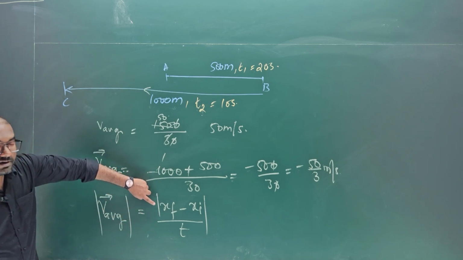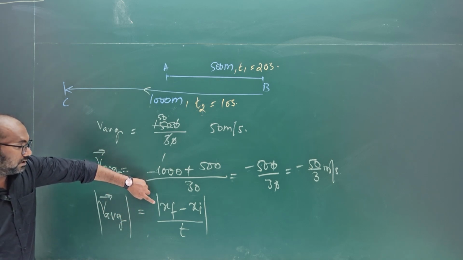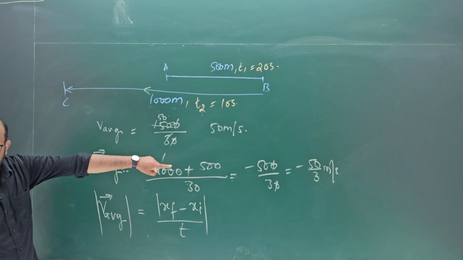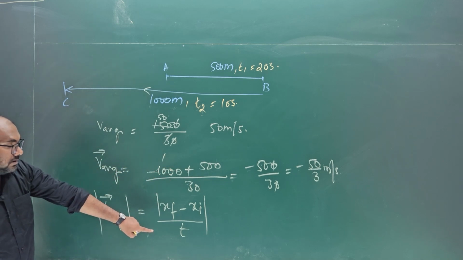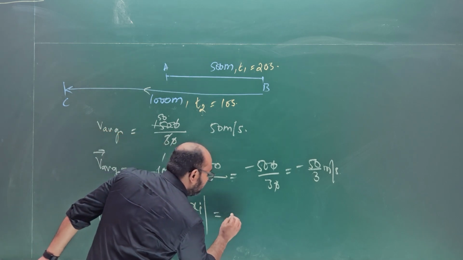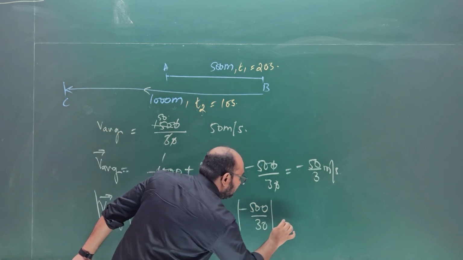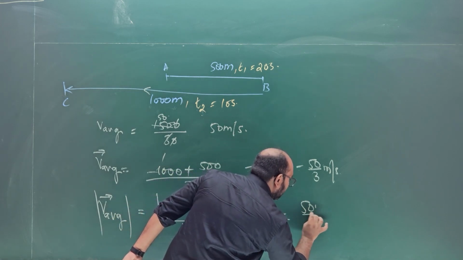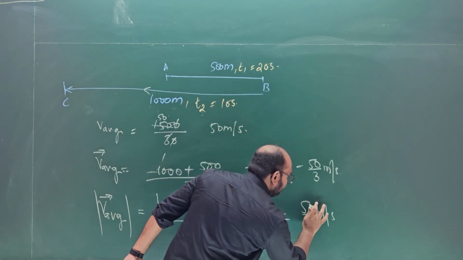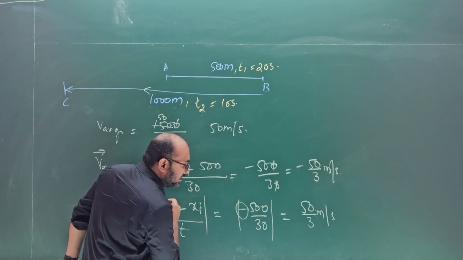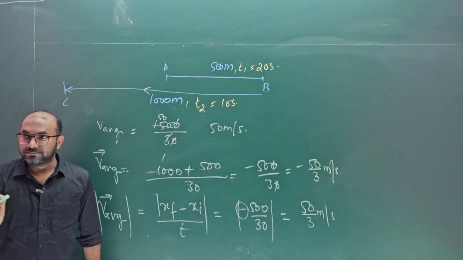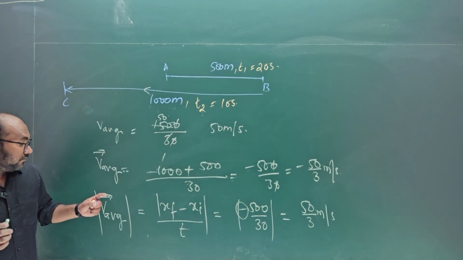Velocity is always represented by displacement. What is our displacement? Minus 500, upon time 30. The magnitude of minus 500 upon 30 is 50 upon 3 meter per second. Over here, all we need is to remove the negative sign, without direction.